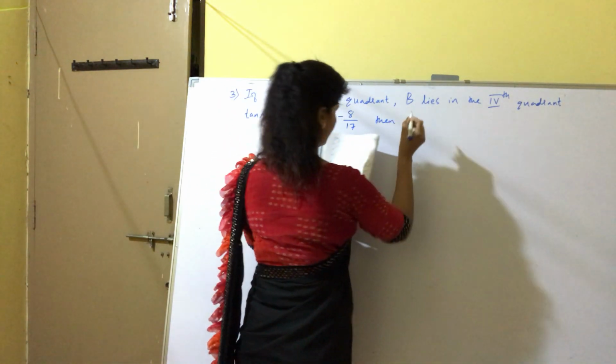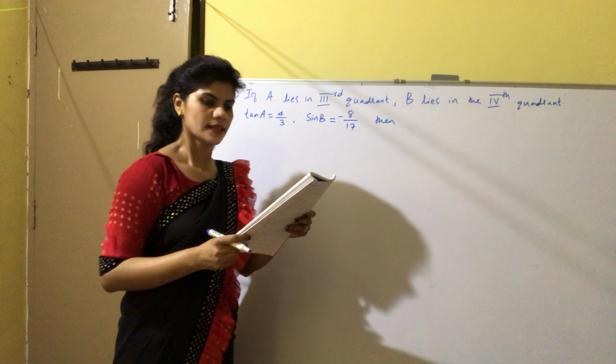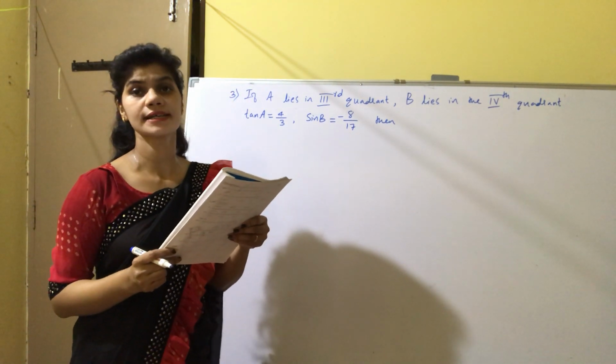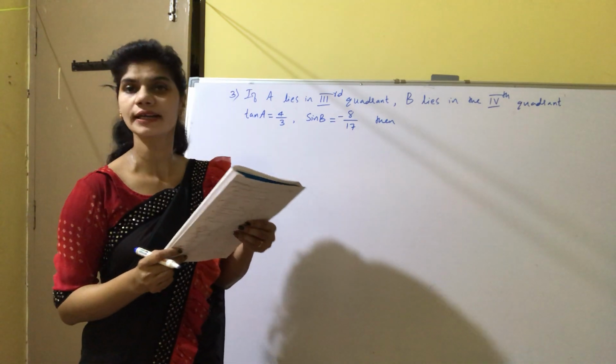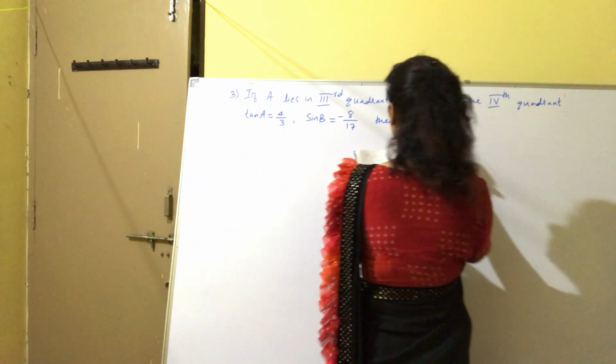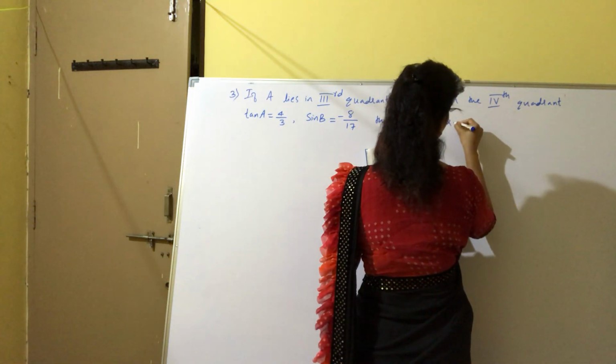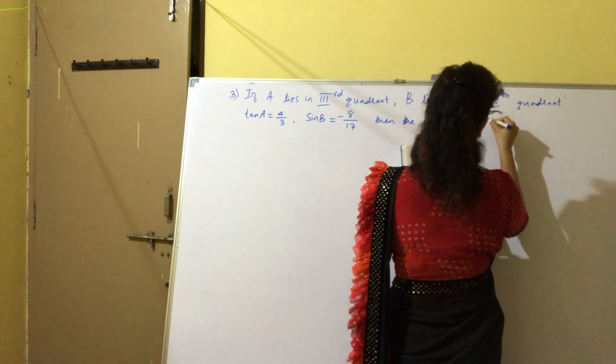Then the question is, in which quadrant does A plus B lie? So you should find the quadrant in which angle A plus B lies.